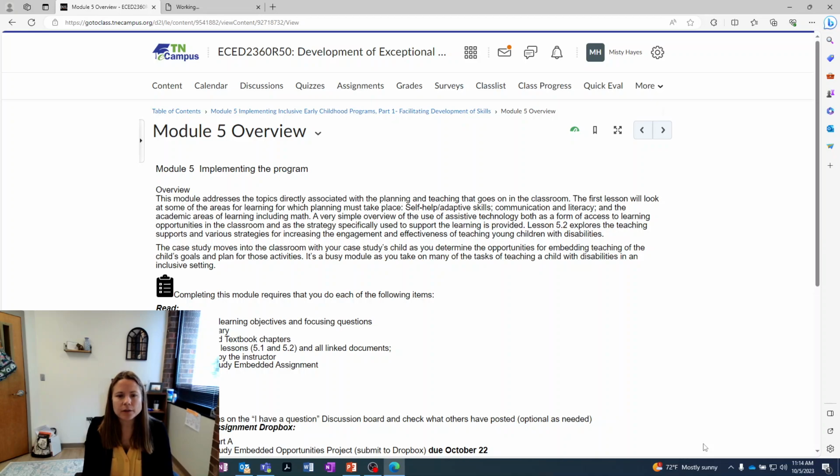So the first thing we're going to look at is some of the areas for learning, which planning takes place. So we're going to look at those self-help and adaptive skills, communication and literacy, and those academic areas of learning, which would also include math. This even talks a little bit about an overview of technology, assistive technology, and some opportunities that you would have in the classroom to use these strategies.